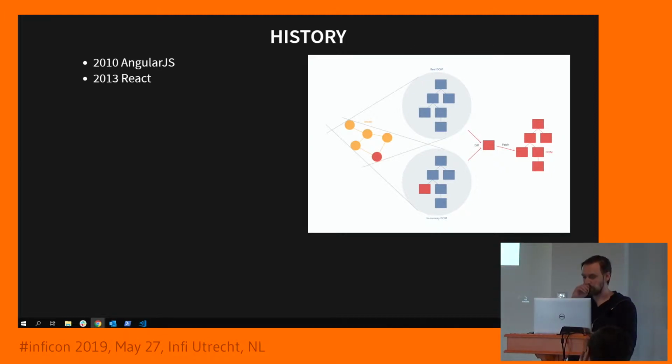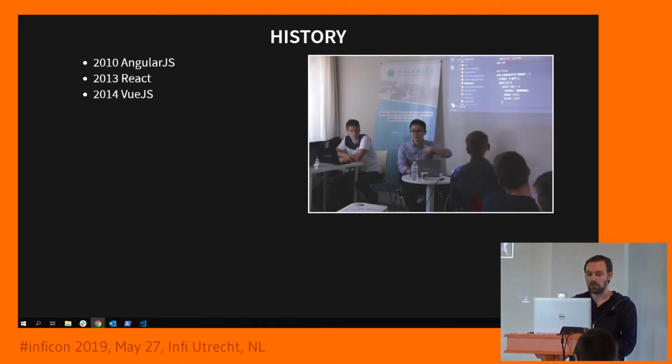So this approach was revolutionary. Performance-wise, AngularJS got knocked out of the water, and React was so popular. Many front-end frameworks would later also use virtual DOM, including VueJS. In 2014, a developer at Google called Evan You open-sourced his pet project called VueJS.